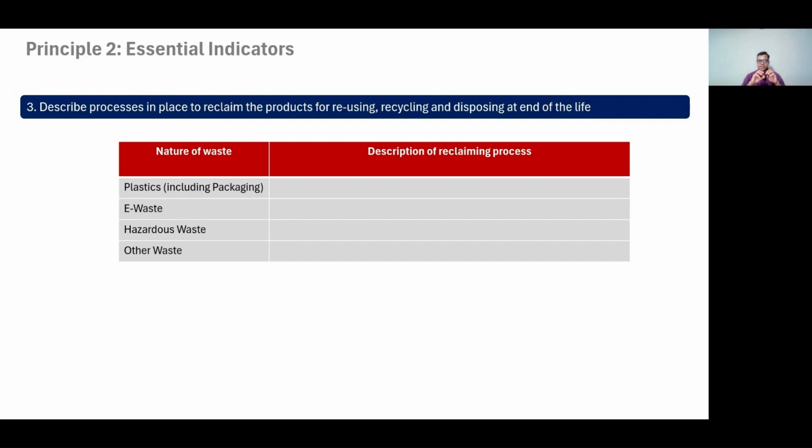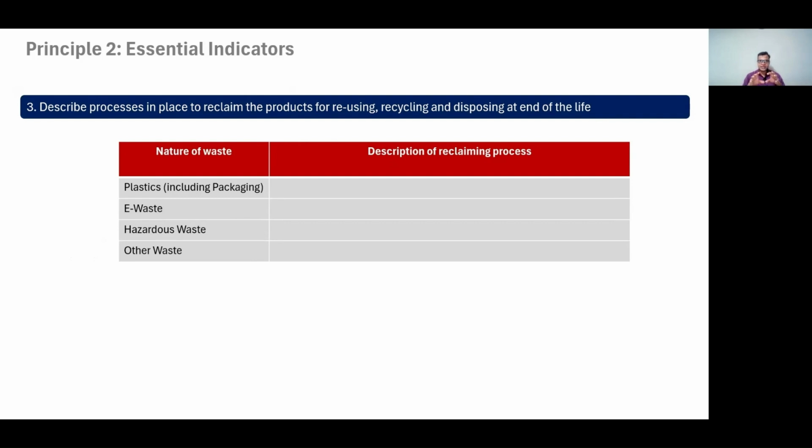So effectively, it is saying what amount of waste, including the packaging waste, which was discarded at the end of life of the product, was taken back from the environment and reused or recycled or disposed.